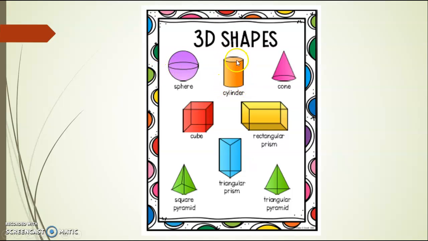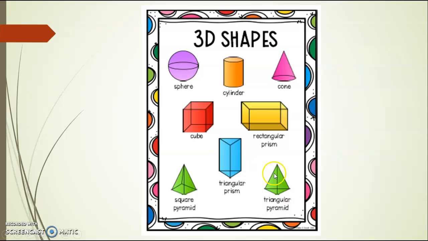This right here is a cylinder. I'm sorry, I don't know why I said singular. This is a cylinder. This is a cone, a cube, a rectangular prism, a square pyramid, a triangular prism, and a triangular pyramid.